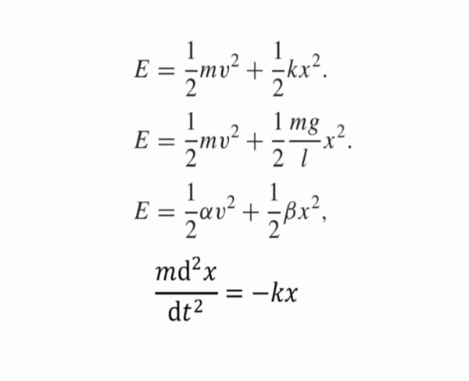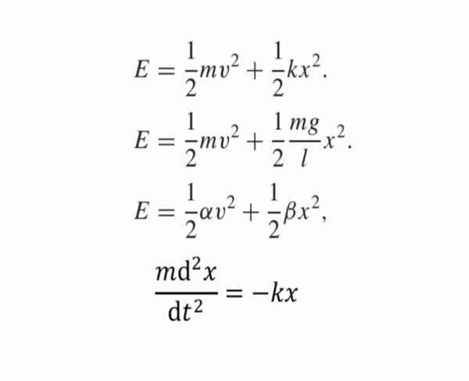We can simply take over the results already obtained. The constant α corresponds to the inertia of the system through which it can store kinetic energy. The constant β corresponds to the restoring force per unit displacement through which the system can store potential energy.